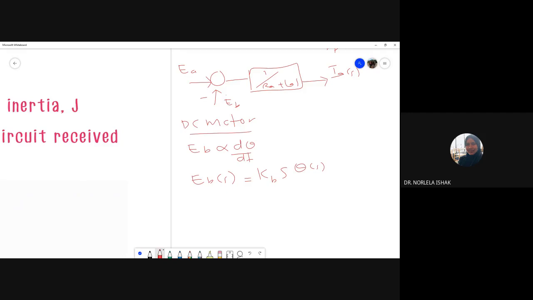So number one is for back EMF. Number two, torque. What is the equation? T is proportional with the armature current.